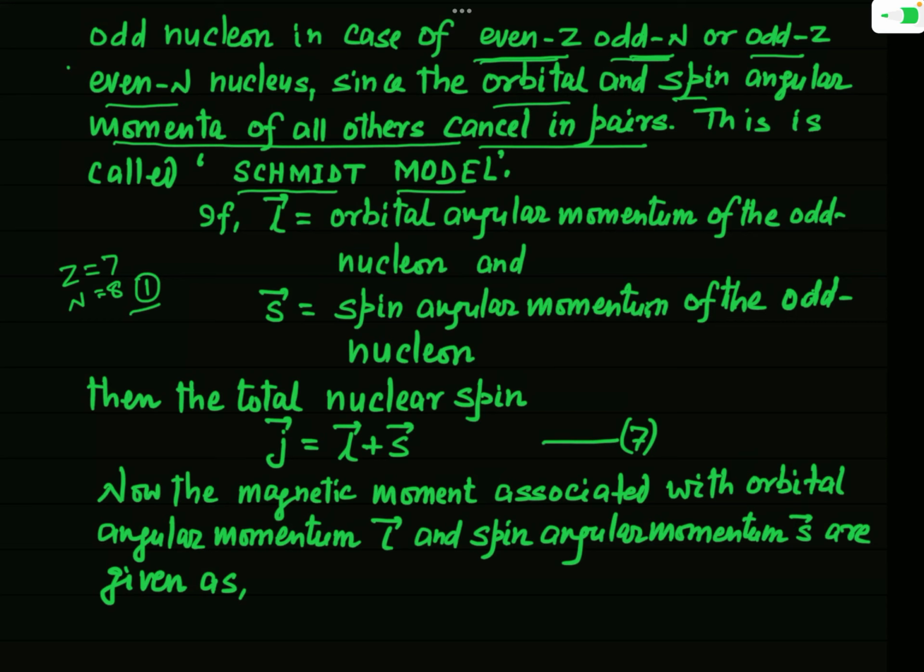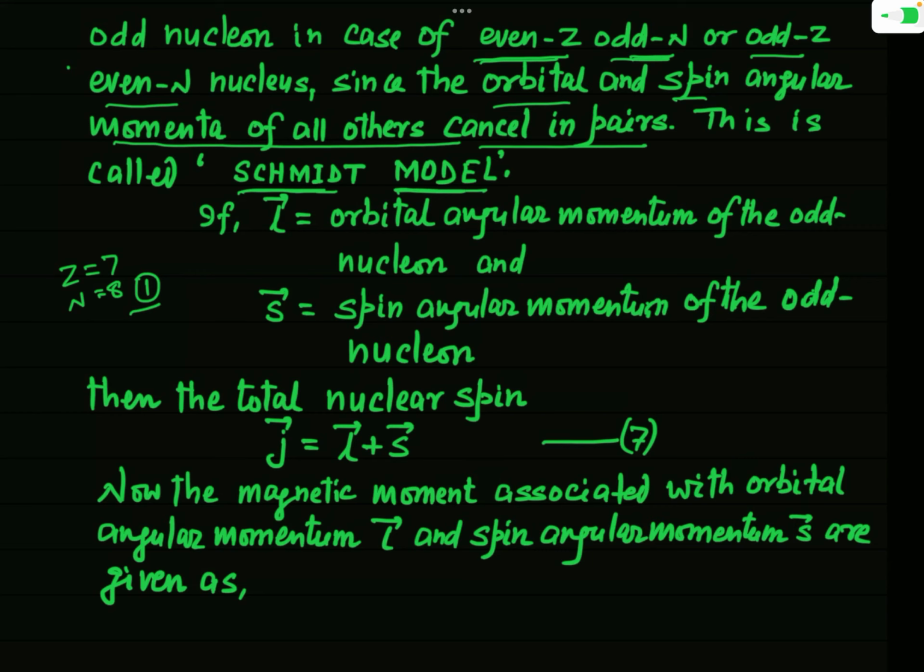When you say that the orbital and spin angular momenta of all paired nucleons cancel and the magnetic moment is only due to the unpaired nucleon, this model is called the Schmidt model. So now we will discuss this Schmidt model in detail.